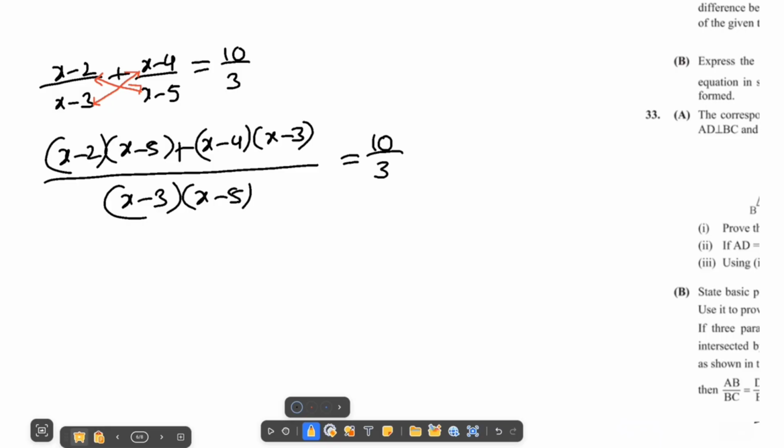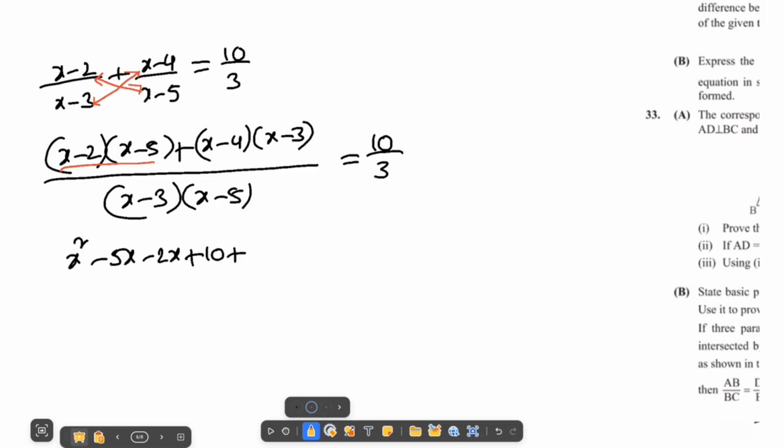Next multiply here. Multiply these: x into x, x square; x into minus 5, minus 5x; minus 2 into x, minus 2x; minus 2 into minus 5, plus 10.